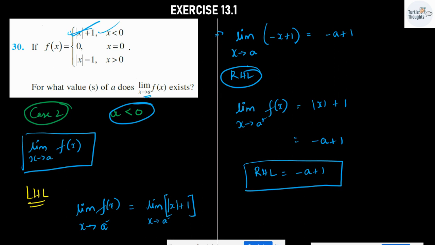Even your LHL is going to be the same thing. LHL I can write over here. LHL also is going to be minus a plus 1.